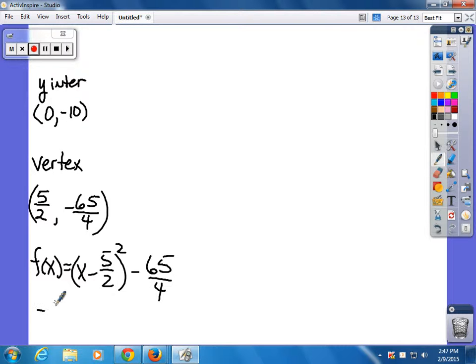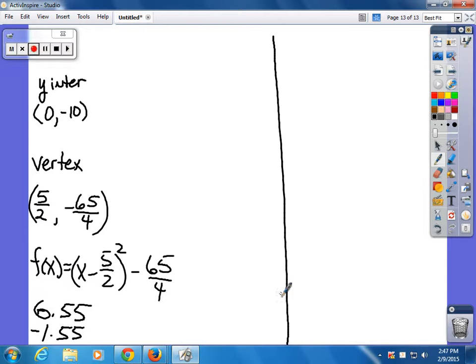Negative 6 is 6.5, 6.55, and what was the other one? Negative 1.55. So there's your 2 x-intercepts if I copied that over correctly. 0, negative 10, 1, 2, 3, 4, 5, 6, 7, 8, 9, 10. Vertex is 2.5 this way, and negative 16 and 1/4.